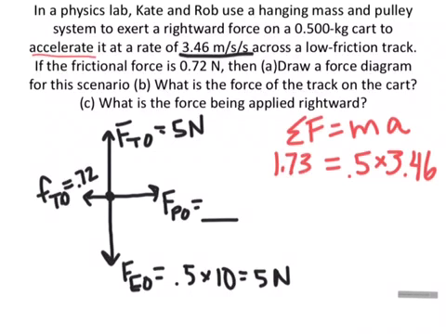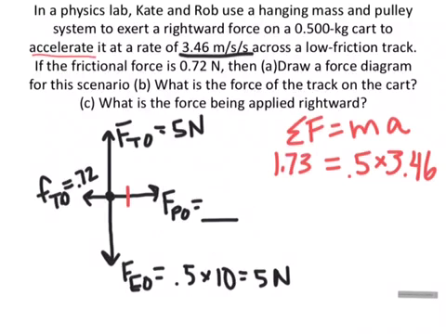So that is the unbalanced portion of this vector. It's not what this is equal to. It's just the unbalanced portion. So I think most of us can agree that 0.72 newtons to the left will cancel out 0.72 newtons to the right.